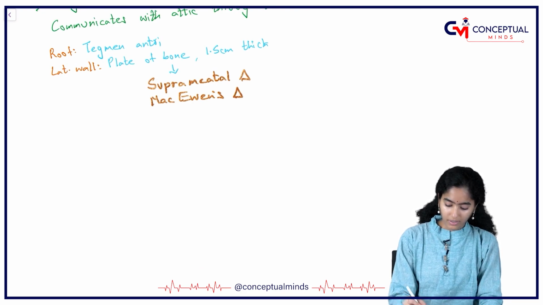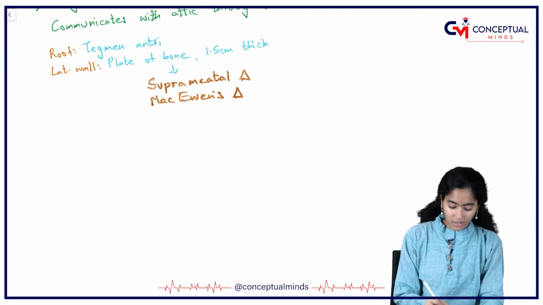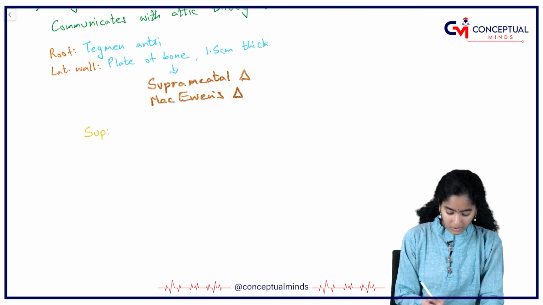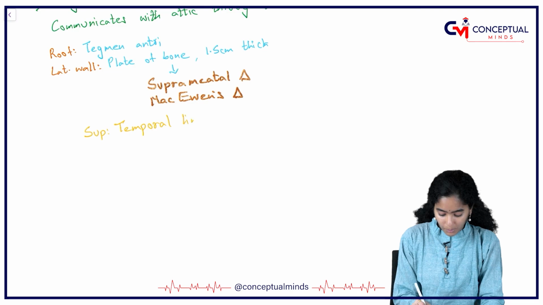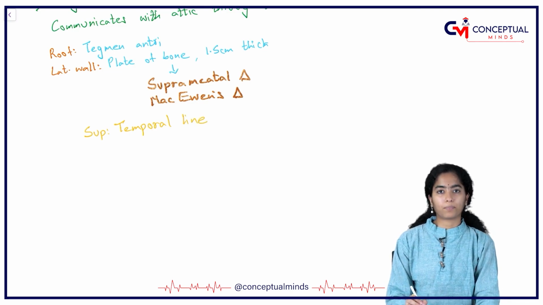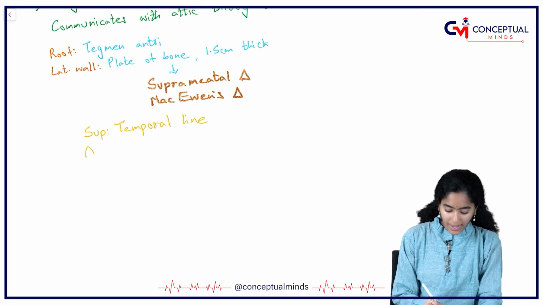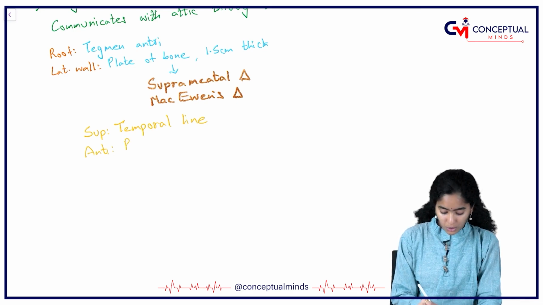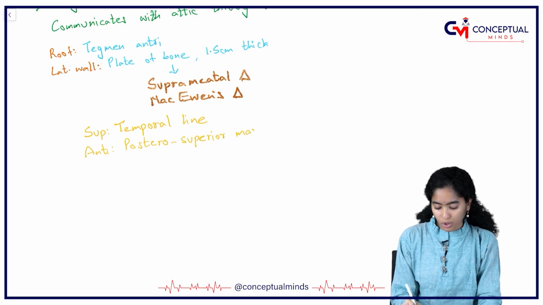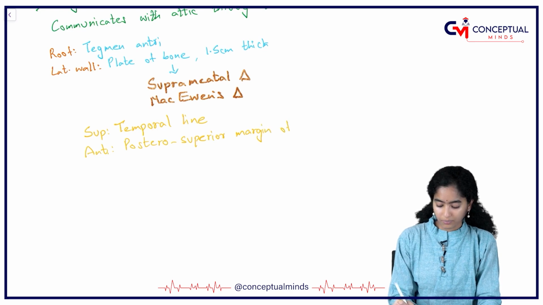In this triangle, the superior border is formed by temporal line. Temporal line is present on the temporal bone, and its anterior border is formed by the posterior-superior margin of the bony part of external auditory canal.